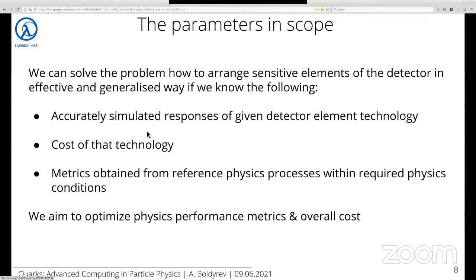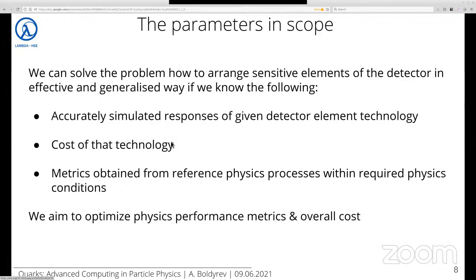The majority of different kinds of detectors consist of sensitive elements assembled into modules. The number of sensitive elements, or number of channels, contributes significantly to the detector complexity and its cost. Even when the number of channels is fixed, we can rearrange the modules in many ways. This slide shows how we can solve the problem of arrangement of the modules of the detector, keeping the total amount of the modules.